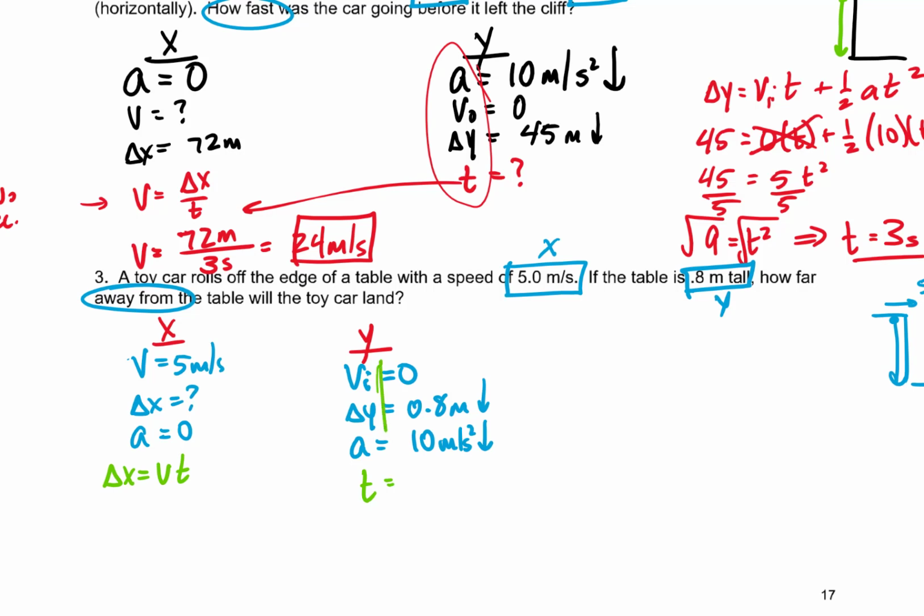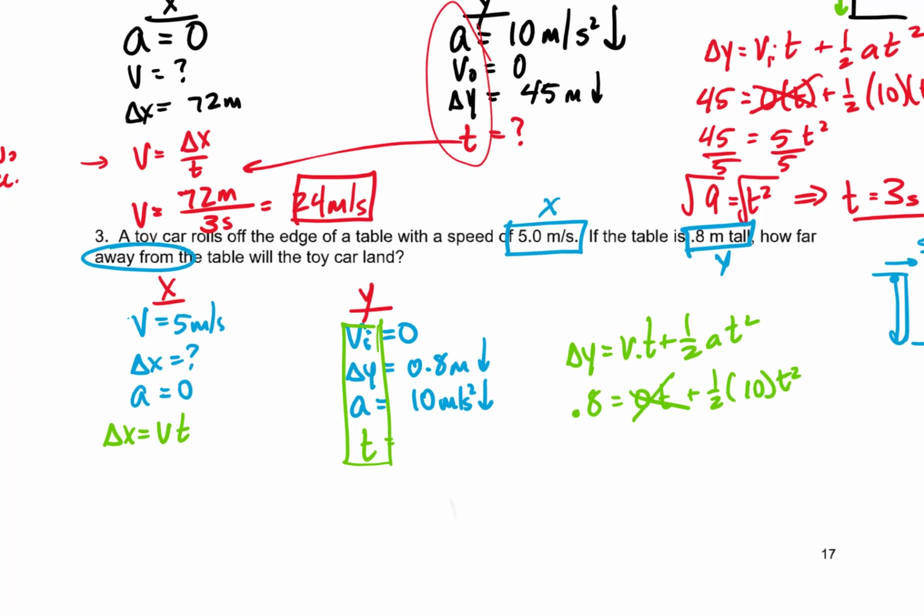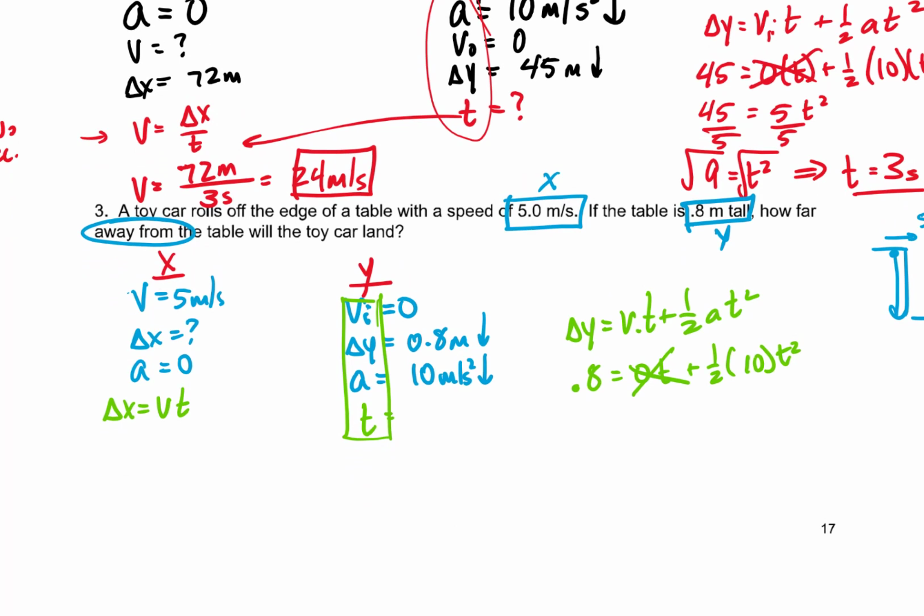So I've got delta y is equal to v initial t plus 1/2 at squared. So delta y, 0.8 is equal to 0t plus 1/2 times 10 t squared. The 0 goes away because when you multiply by 0, things go away.